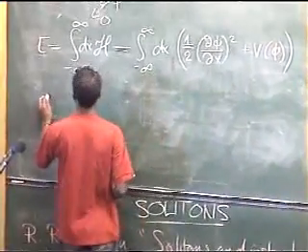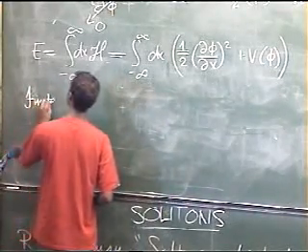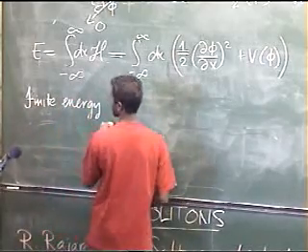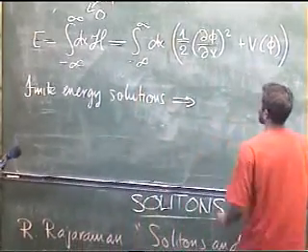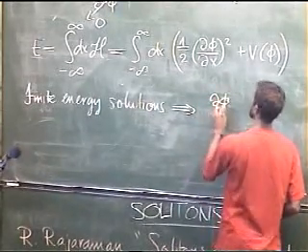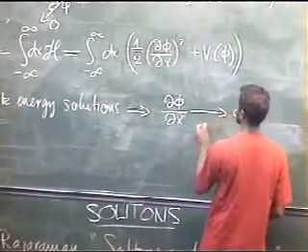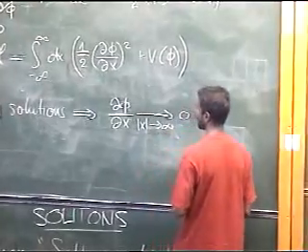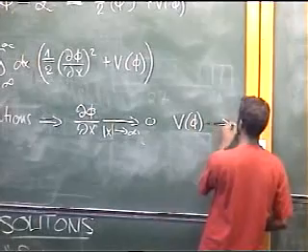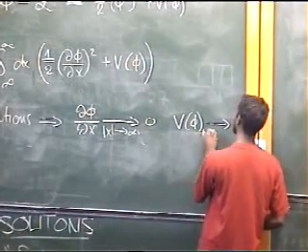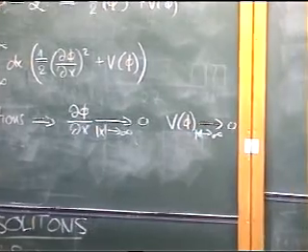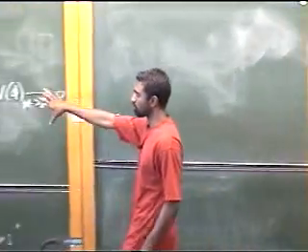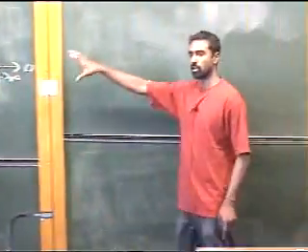So the way this works is that I get finite energy solutions if I make sure that d phi by dx goes to 0 as mod x goes to infinity, and V of phi goes to 0 as mod x goes to infinity. Okay? So those are two conditions that the requirement of finite energy has imposed on whatever system I'm trying to study. Anything that I solve, I've got to bear this in mind.